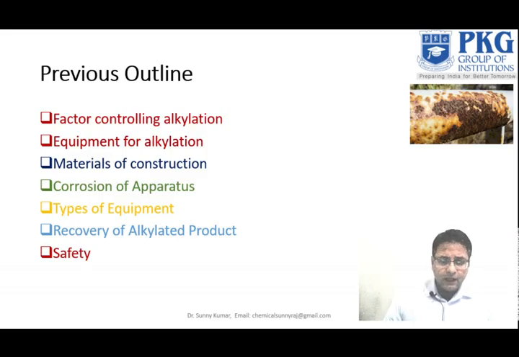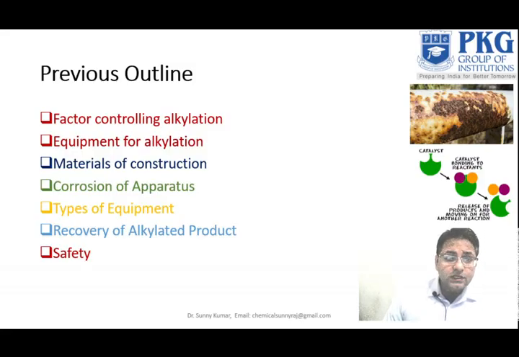That corrosion and fouling can interfere with our reaction, so the production yield and the quality of the product can decrease. So these parameters are very important.